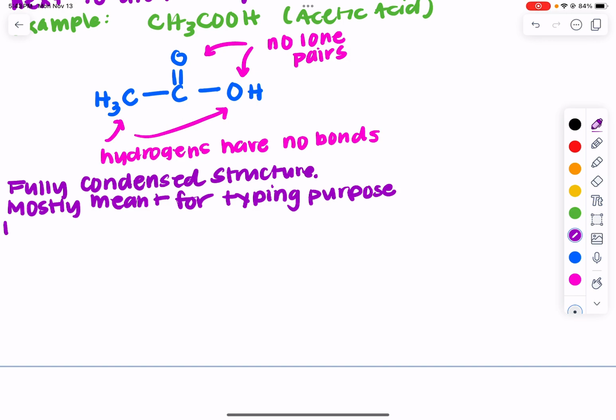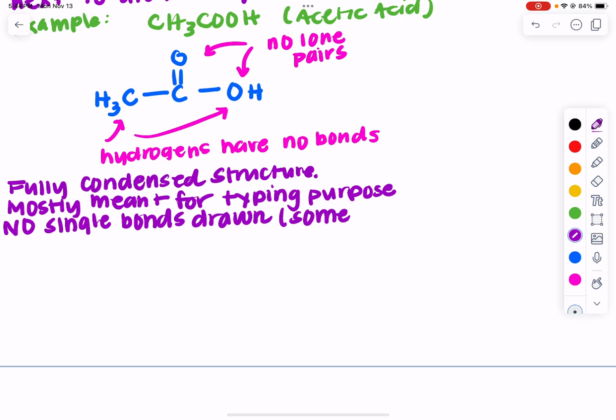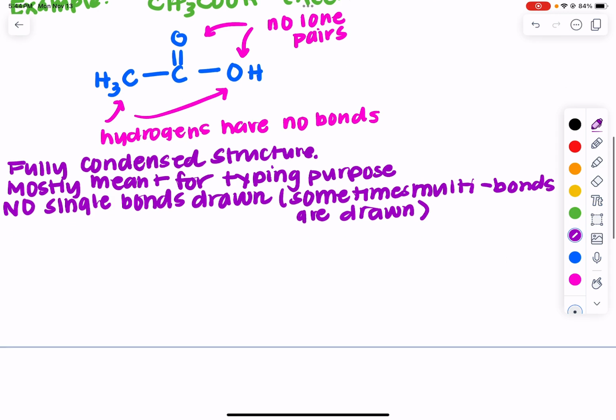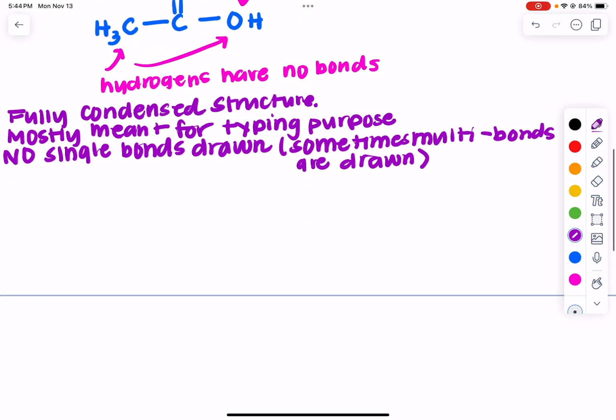But here we have no single bonds drawn. And then sometimes multi-bonds are drawn. But again, we'll cross that bridge when we get there. And again, if we want to do an example of this, we can use CH3COOH, and we'll actually notice something really quickly.